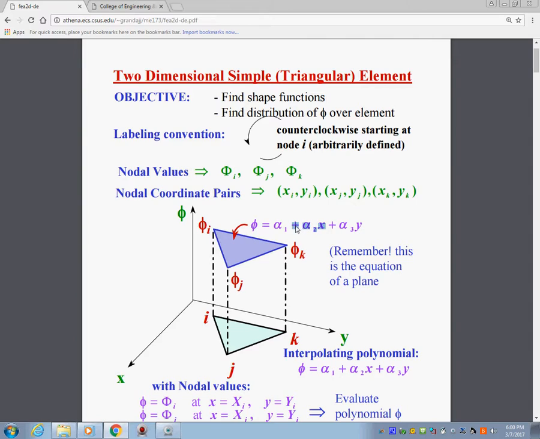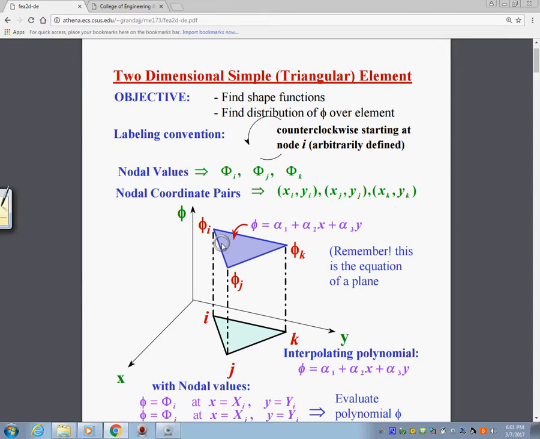Before we only had this, because what is highlighted there is the equation of a line, right? But we know now that the equation of a plane is obtained when we include the y factor here. So this is the equation of a plane. So we have set the ground rules: we have the elementary finite element in 2D and the elementary solution of the finite element in 2D.